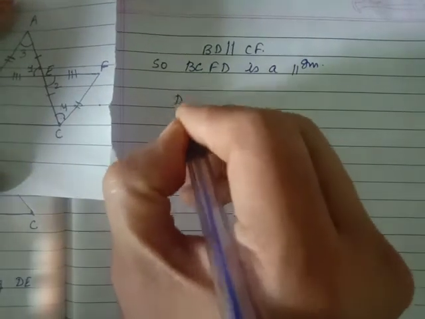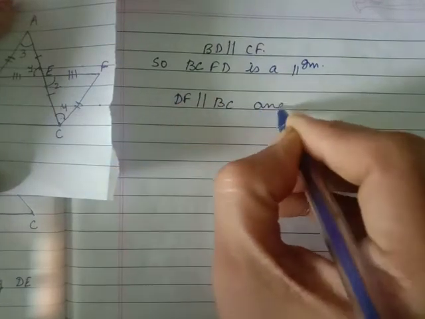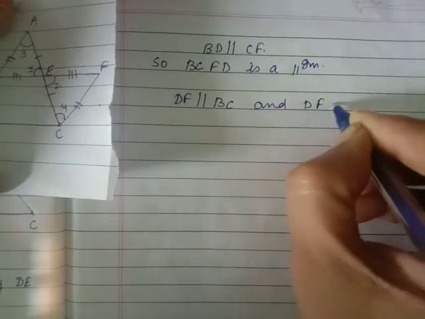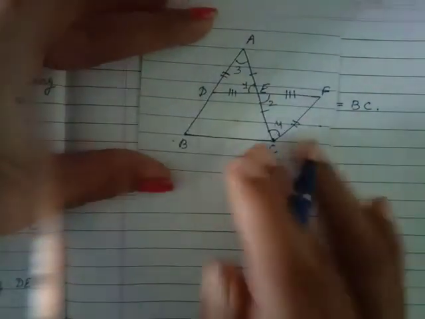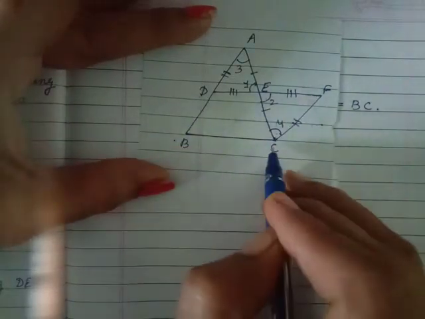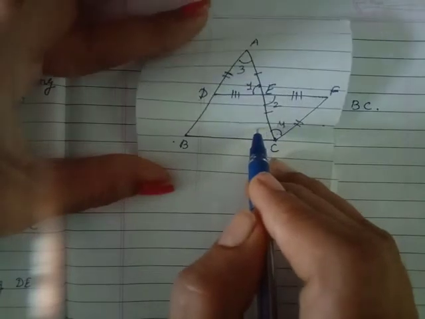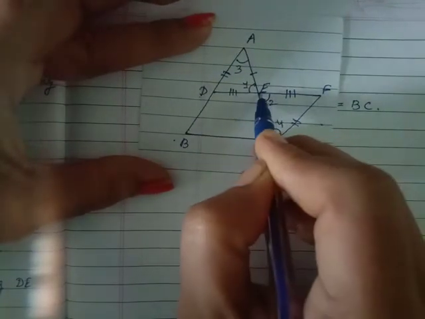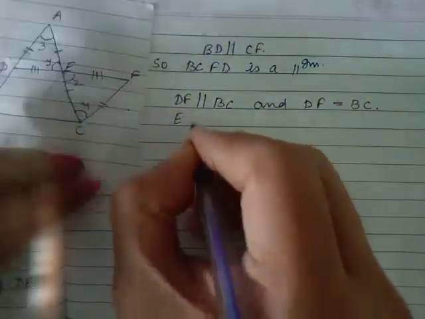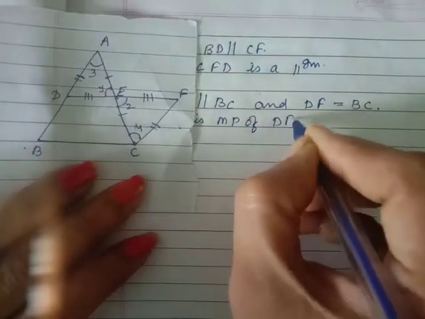Now DF is parallel to BC and DF is equal to BC. Why? This is a parallelogram, so opposite sides are equal, and we know that DE is equal to EF. E is the midpoint of DF.